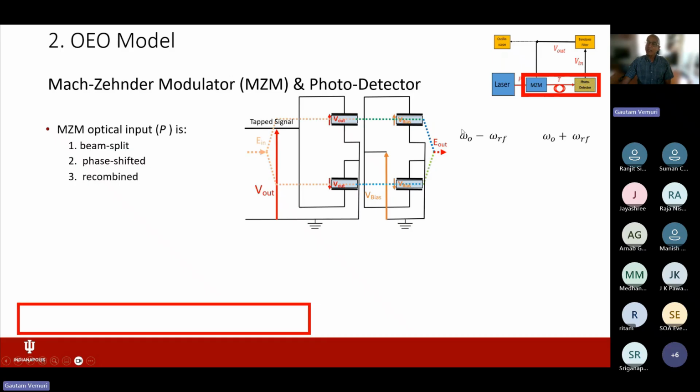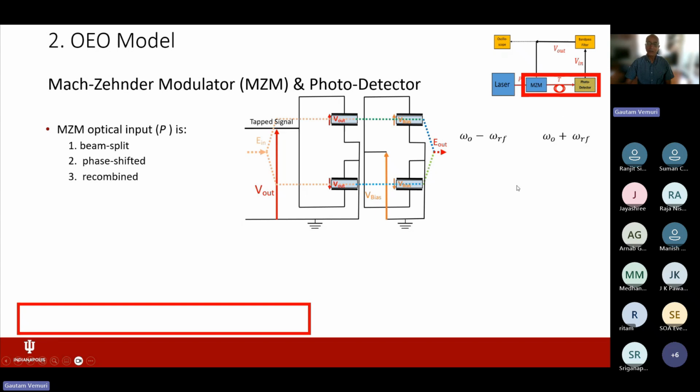But omega naught minus omega RF will beat with the carrier omega naught to produce omega RF. This one will also beat with omega naught and produce omega RF. So at the end of the day, once you get through the bandpass filter, all that survives is the omega RF frequency.